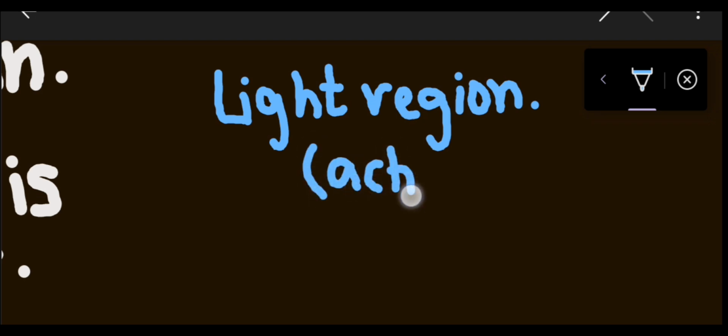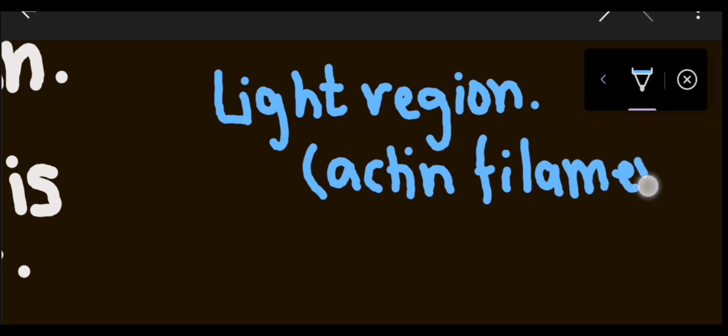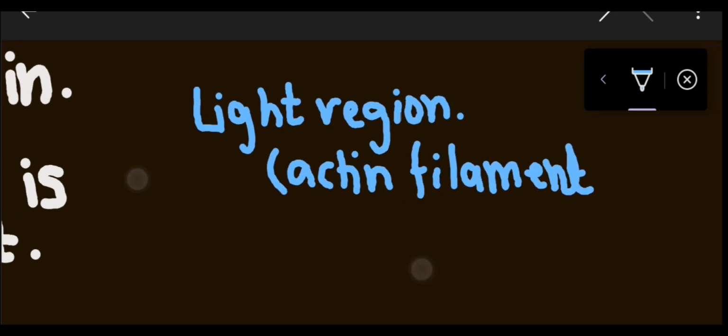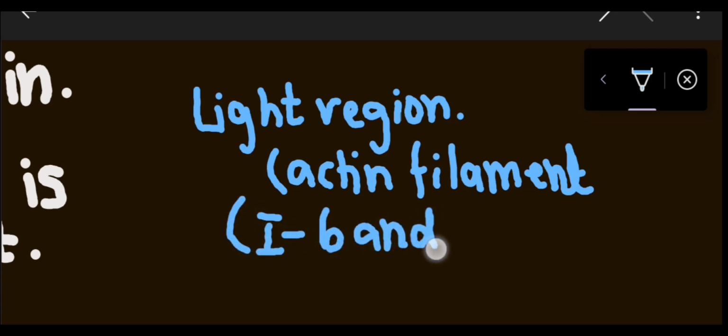When the light region contains actin filament, it is known as the I band. Now remember, the I band only contains actin filament. I band के पास सिर्फ actin filament होता है.